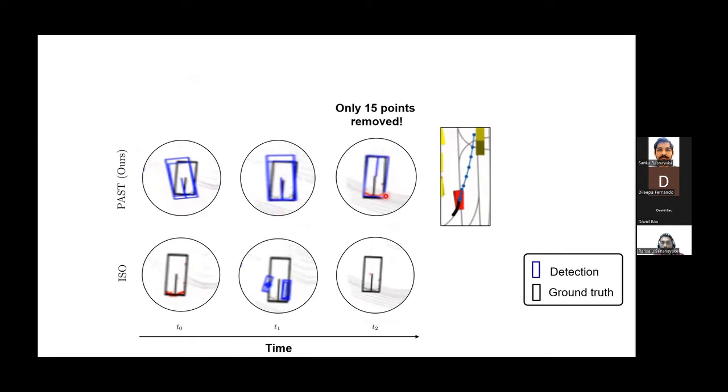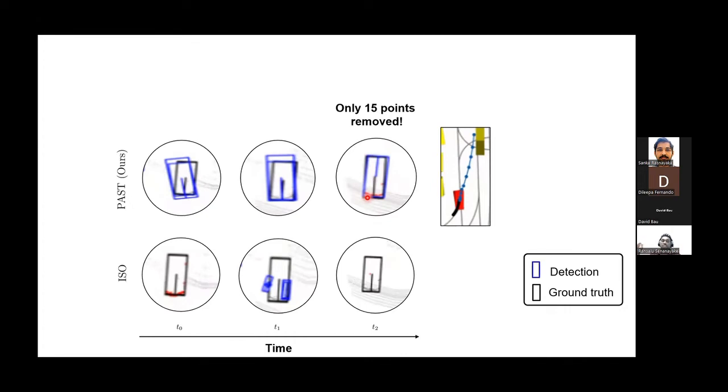At T equals 2, it has removed 15 points, and the removed points are indicated in red. In the ground truth, the black, this vehicle is coming down. You remove 15 points from this point cloud, not picked randomly, but what our PAST algorithm gives.